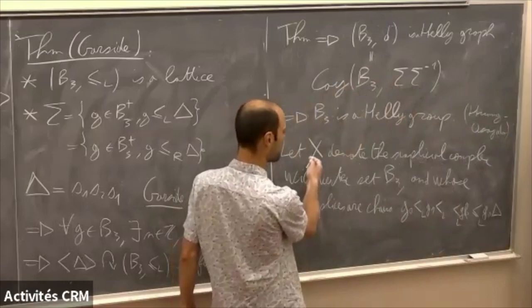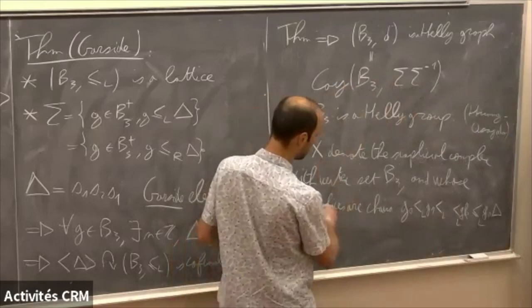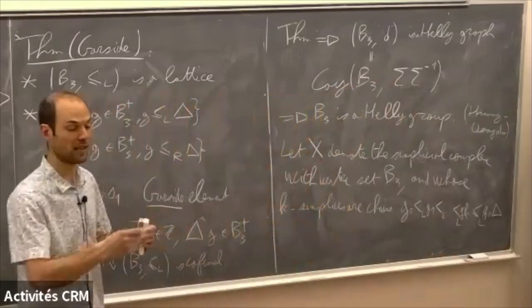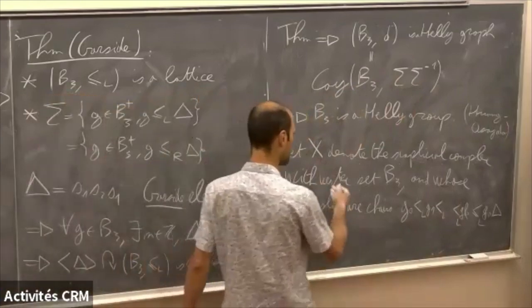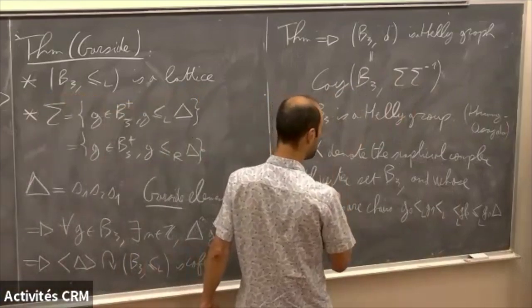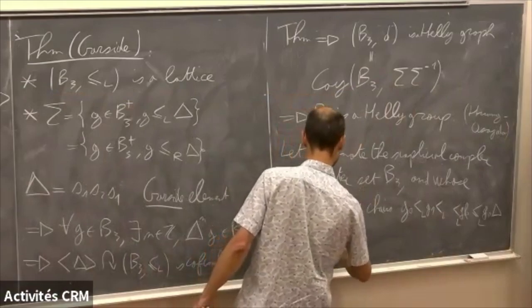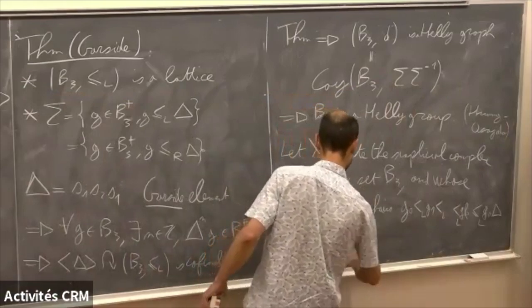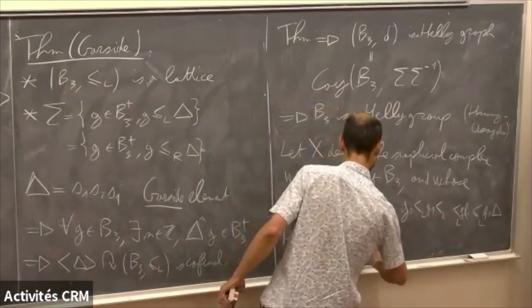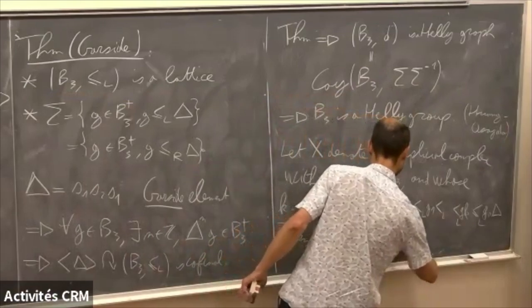So it's a simplicial complex, and every simplex is a chain, so it has a natural order. We can look at the geometric L-infinity orthoscheme realization of it. Then this orthoscheme realization with the L-infinity metric is injective.